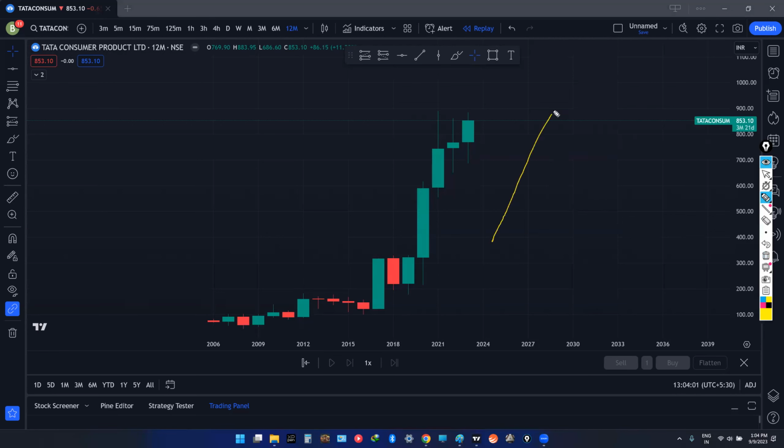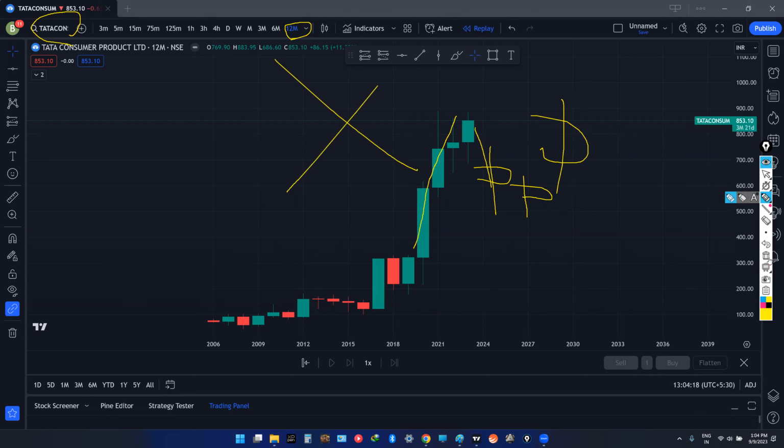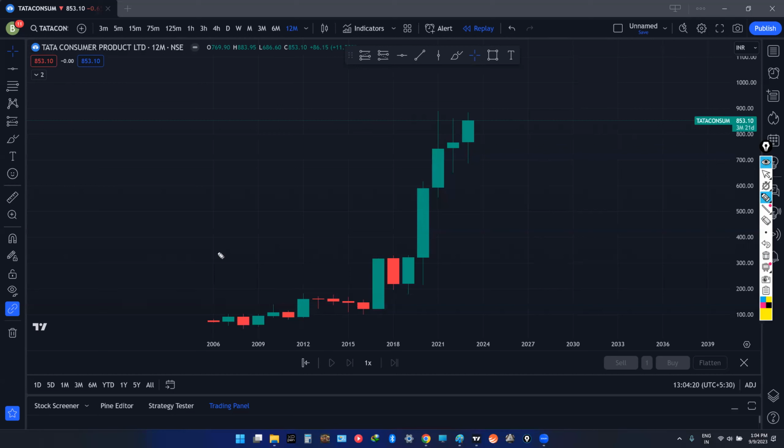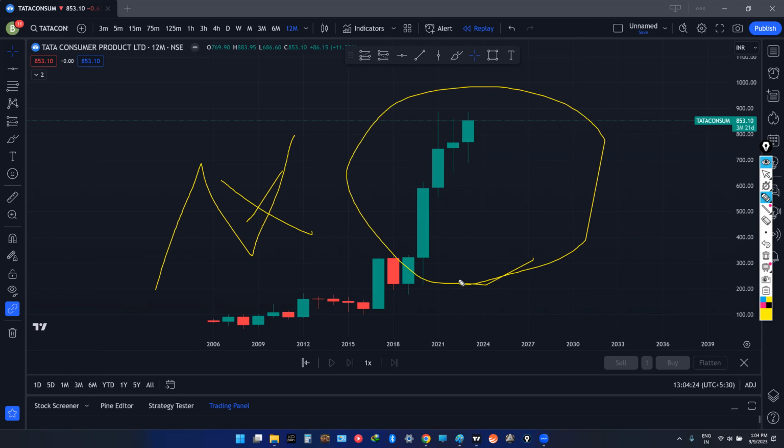So here I cannot see a first, second, or a third part. All I can see is this. There is no second part, no red candle, and no third part. So will we suggest someone to buy Tata Consumer on yearly basis? No. Based on yearly, we will not suggest, because our setup does not allow us to trade.